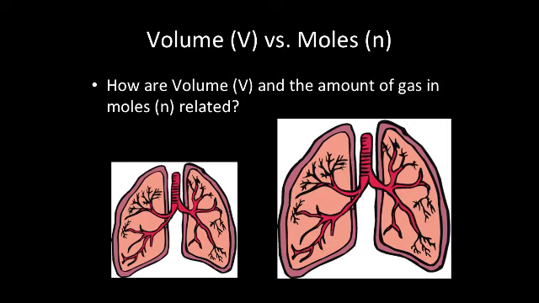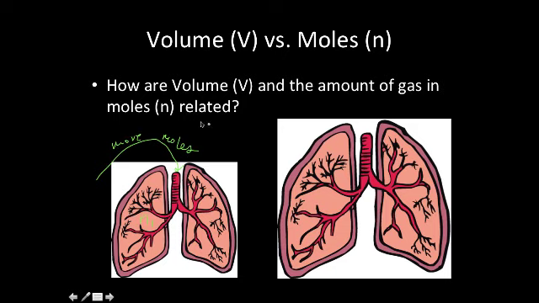We can also talk about the relationship between the volume of a gas and the moles, or the amount of a gas that we have. So how are volume and the amount of gas and moles related? A perfect way for us to talk about this situation is just to think about the human lung. Remember that you start out with some number of moles of gas in your lungs, and as you inhale, you're adding more moles, right?